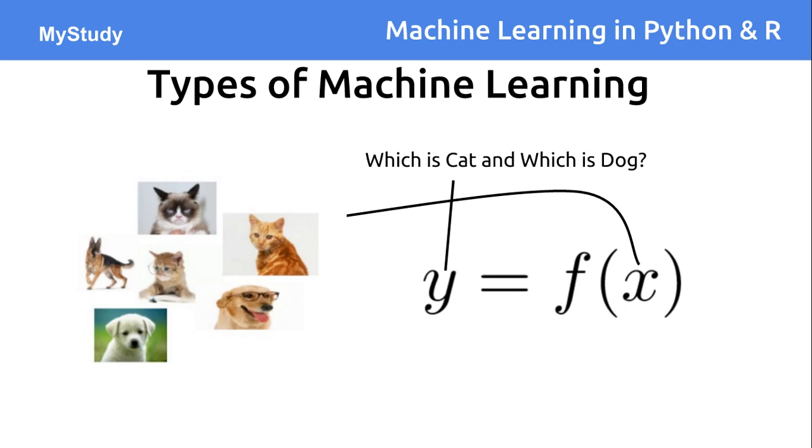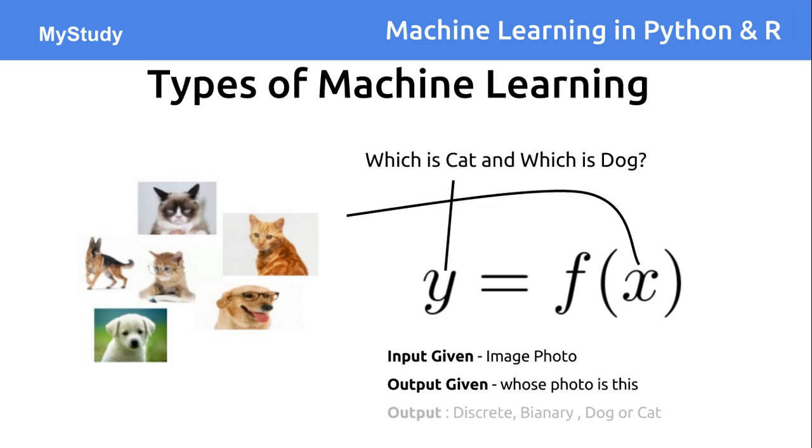Once we have trained this model and created this function f, we are given an unknown image of a cat or dog, and our task is to predict whether the particular image contains a cat or a dog. So in this example, we have been given an image as input. The output is whether the photo is of a dog or a cat, in terms of the testing set output.